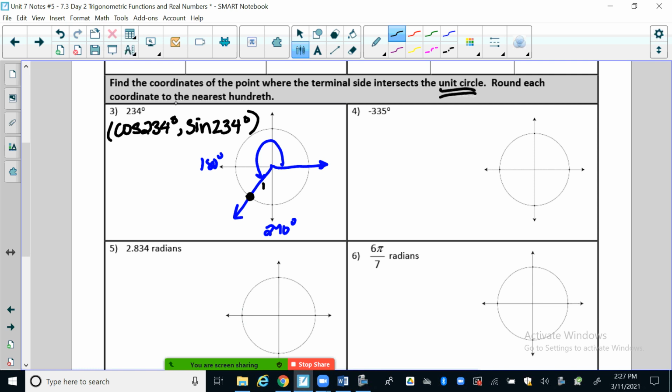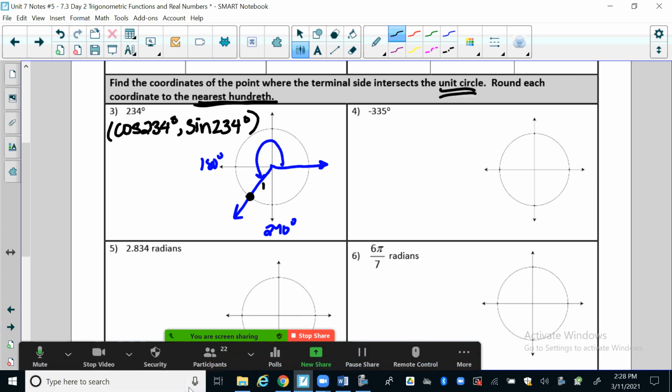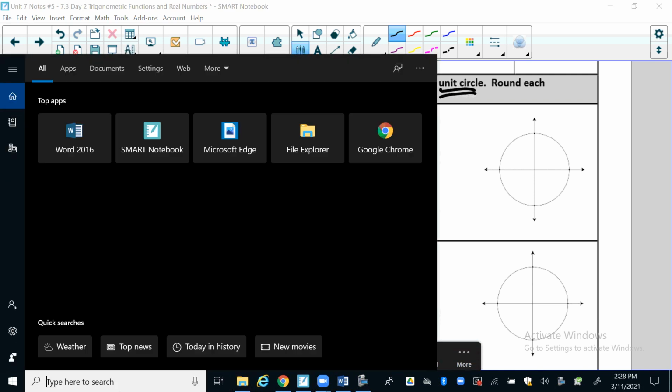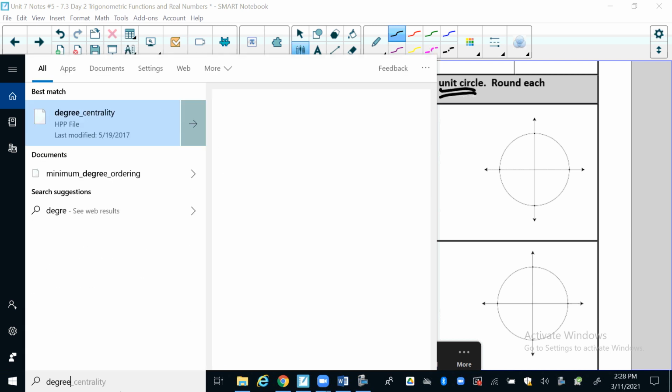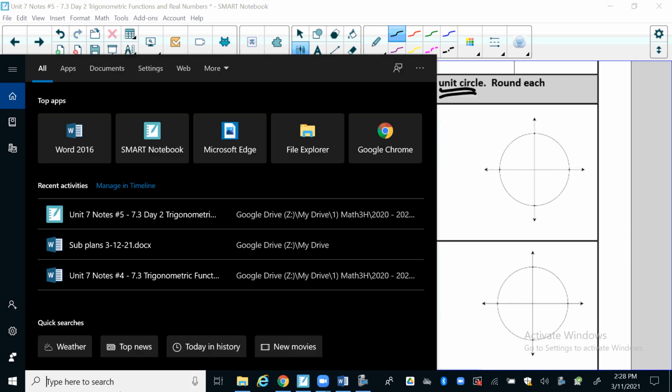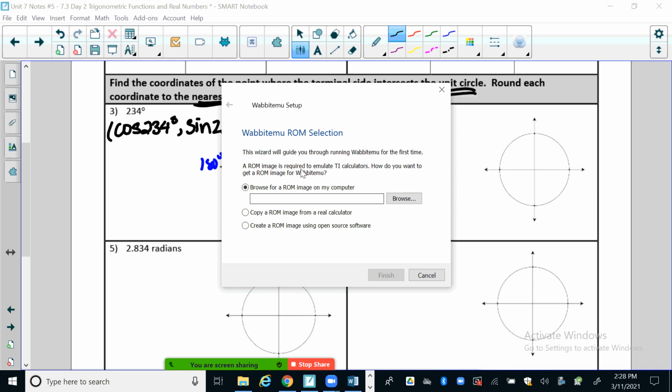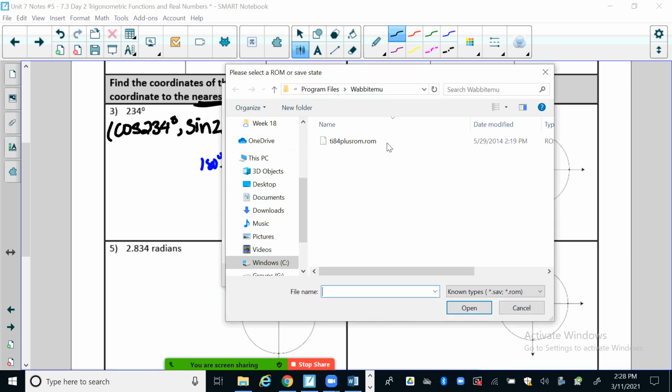So that's why it says to round to the nearest hundredth, because we're not going to have an exact value. So for number 3, get out your calculators. Make sure your calculators are in degrees. I'm going to pull up the calculator here. Oh, not degrees, because I'm going to show you how to change them to radians in a second for a later example.